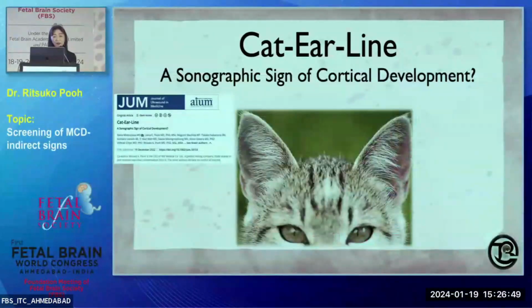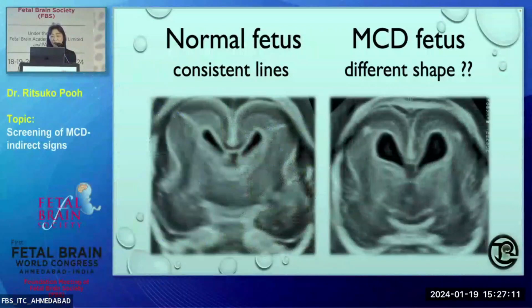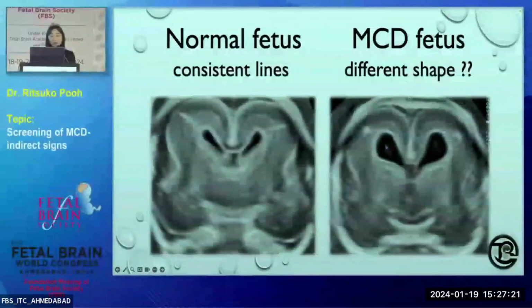Now, lastly, the cat ear line. What is a cat ear? For more than 20 years, I have noticed the diagonal echogenic lines outside of the lateral ventricles in the anterior coronal planes of the fetal brain, like cat ears. And in addition, we notice a missing linear structure or a different shape of the cat ear line in some cases of MCD.